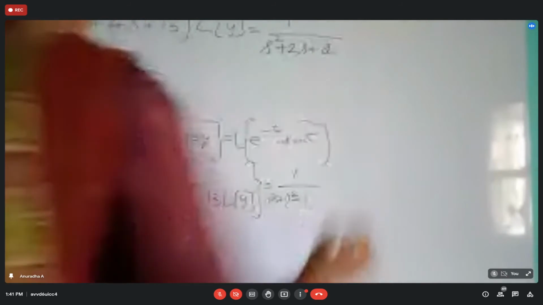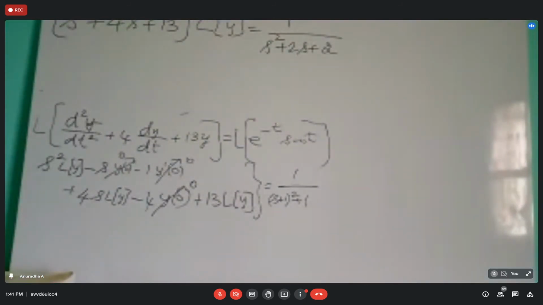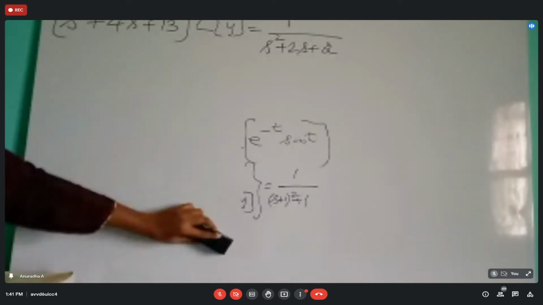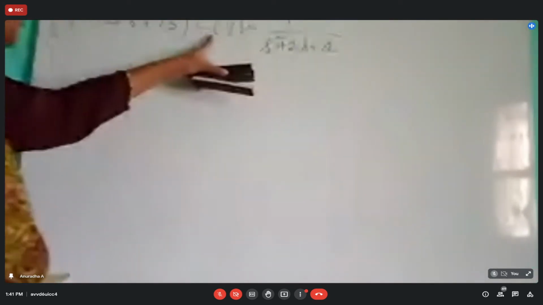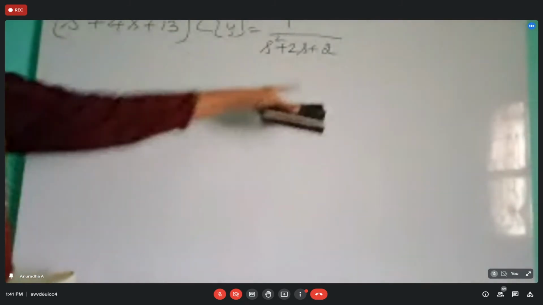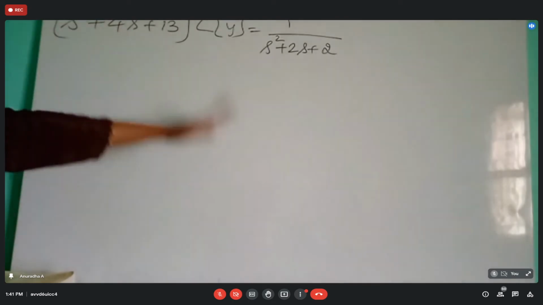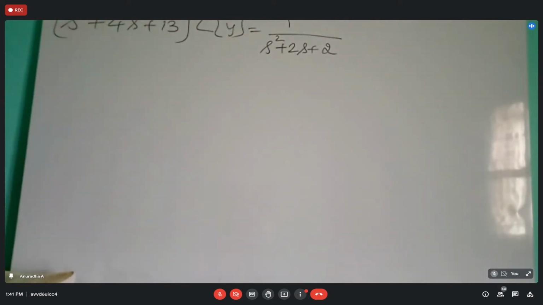Any doubt? Now what is remaining is, keep only this L of y on the LHS and take this to the other side. Then solve for it and find L inverse. You can apply partial fractions, convolution, or direct formula application, anything.